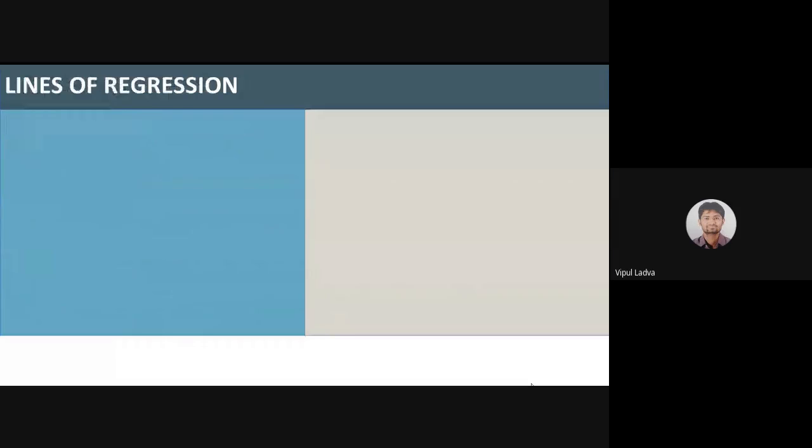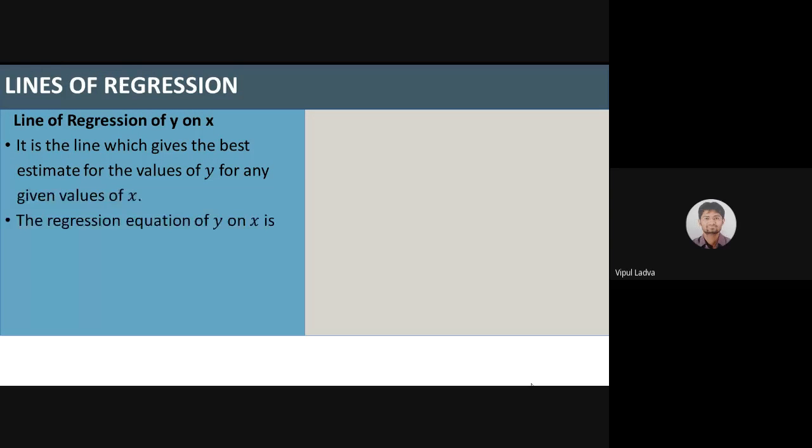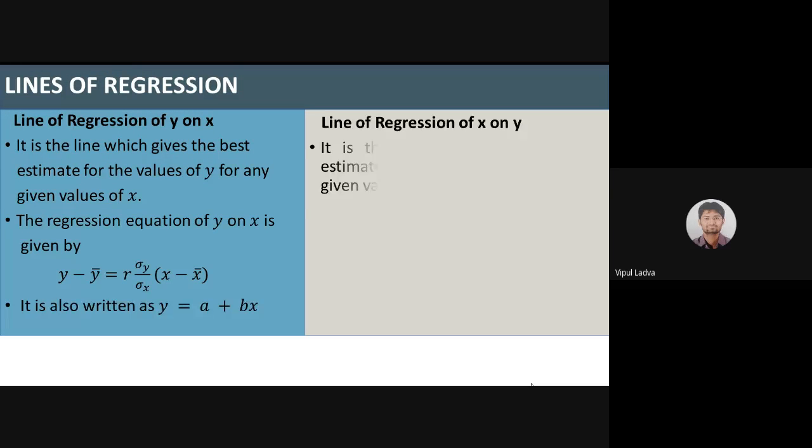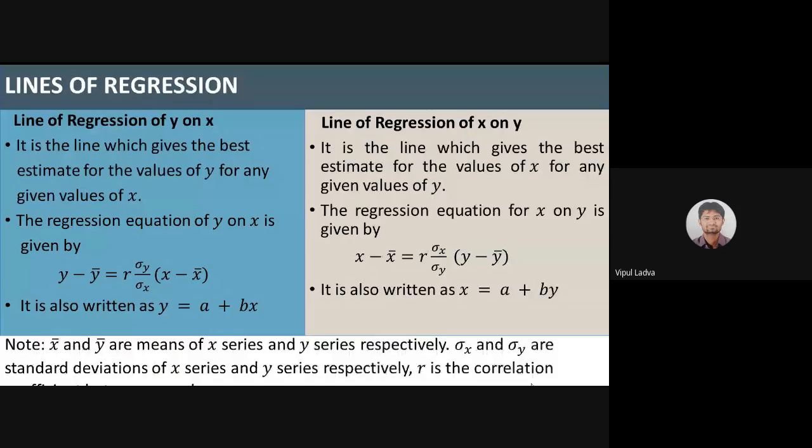Then after, this was the slide we were discussing previously, lines of regression. We are supposed to deal with two different lines. One is the regression line x on y, the second is the regression line y on x. When to use the regression line y on x, and when to use the regression line x on y, we need to understand first of all.